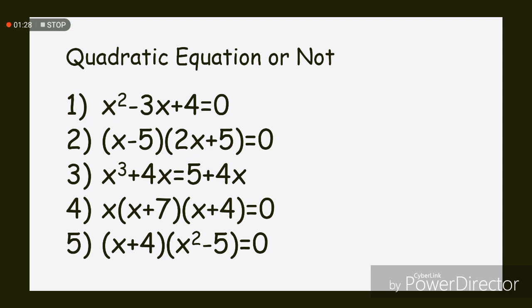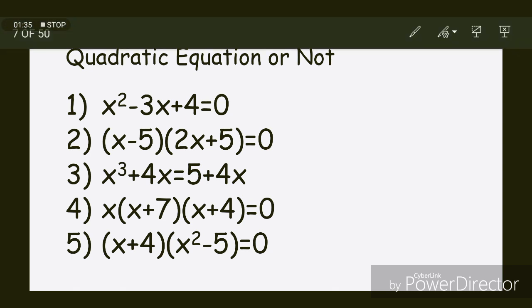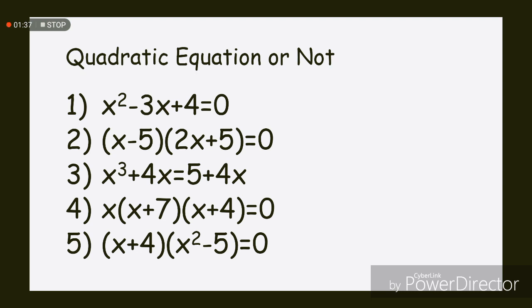So here are the given equations that we are going to identify if they are quadratic or not. Number 1, x squared minus 3x plus 4 equals 0. Number 2, the quantity of x minus 5 times the quantity of 2x plus 5 equals 0. Number 3, x cubed plus 4x is equal to 5 plus 4x.